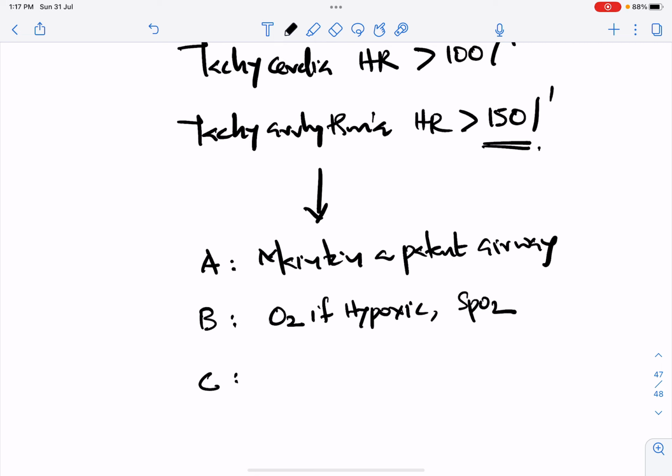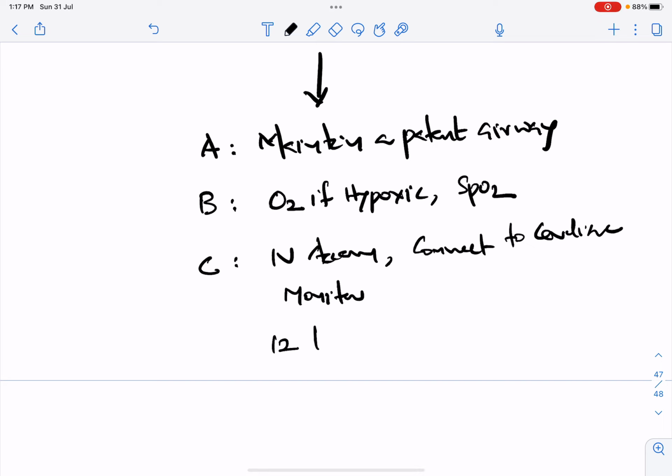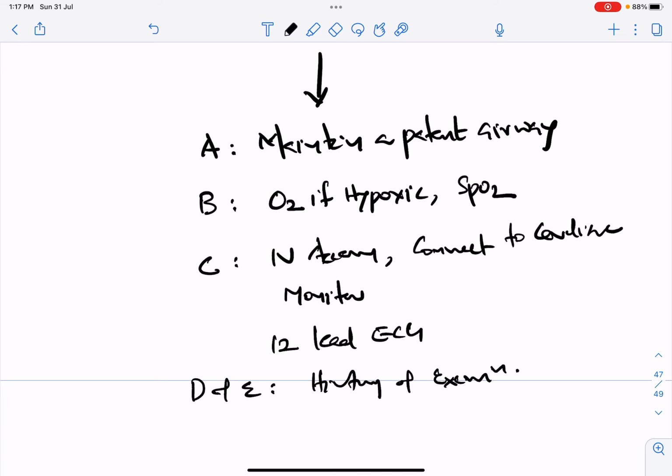In the C part, get an IV line, IV access, and connect to a cardiac monitor. And get a 12 lead ECG and do the D and E part with history and examination if time permits.